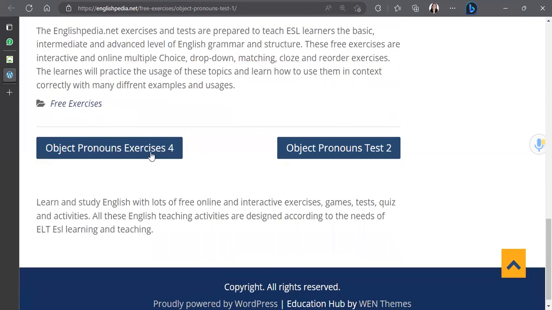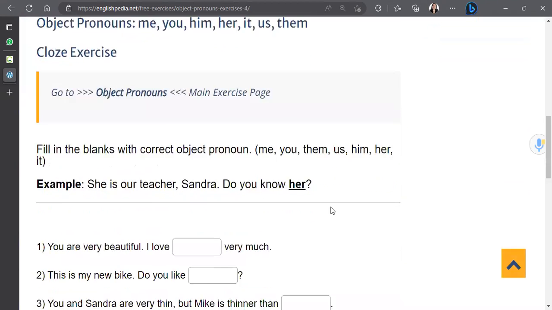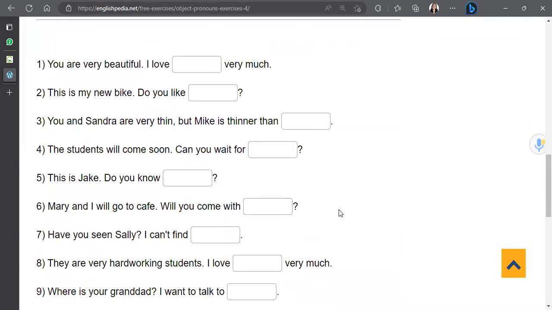Excellent job. Here you have some other exercises. Let me see if we can make another one. Okay, maybe a few more. You are very beautiful. I love you.